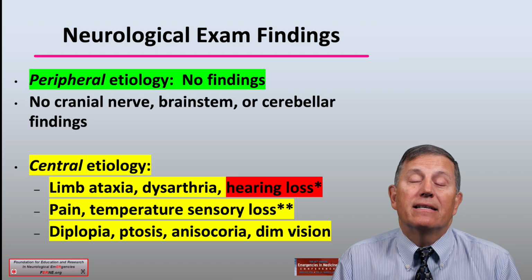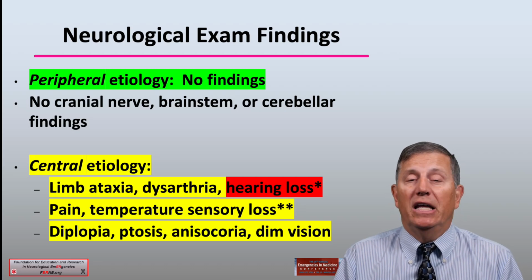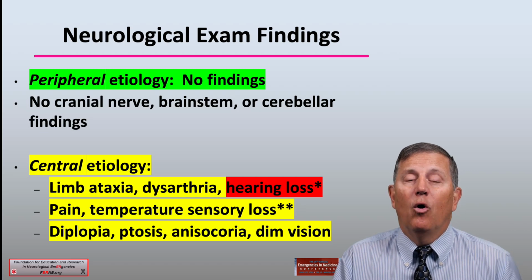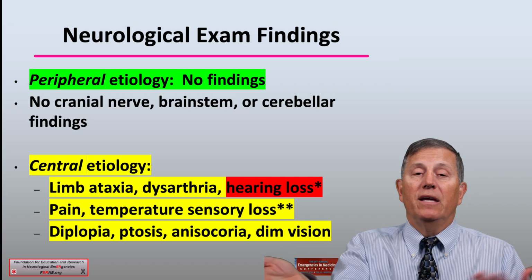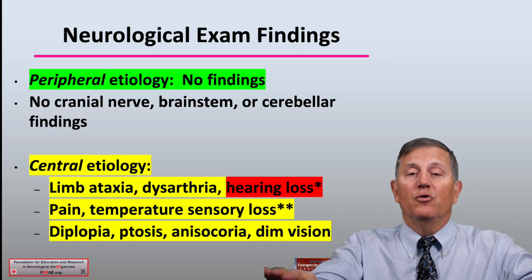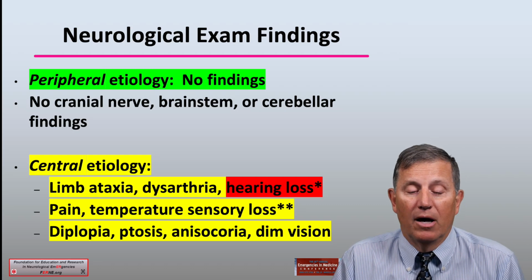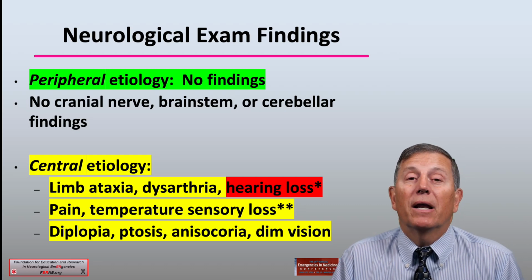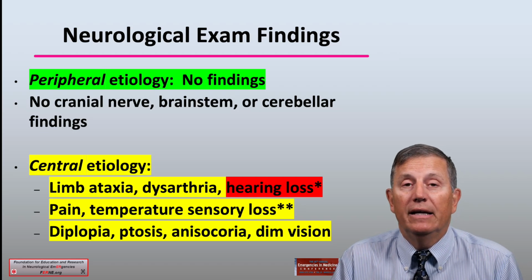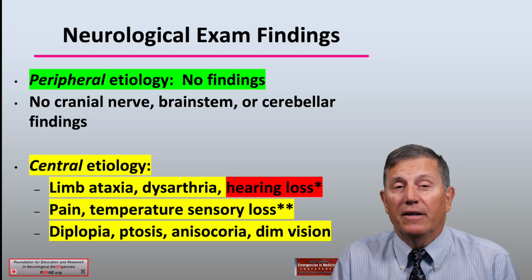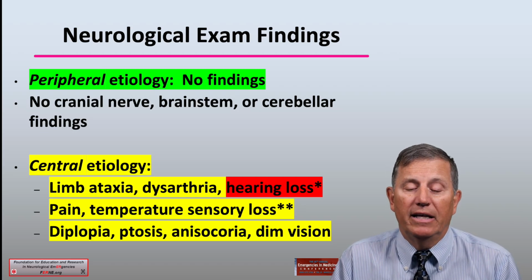Limb ataxia, that is abnormal movement, heel to shin in the lower extremities, or finger to nose in the upper extremities, or the dysmetria that doesn't allow you to rapidly turn over your palms in either upper extremity. So the inability to move the limbs appropriately would suggest a central etiology. Dysarthria, the inability to move the mouth correctly, suggests a central etiology.